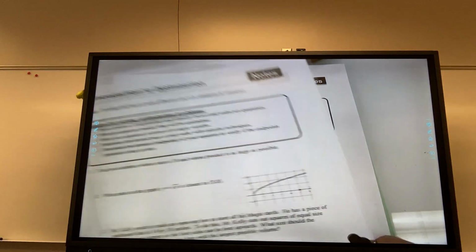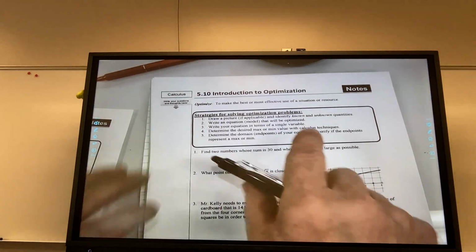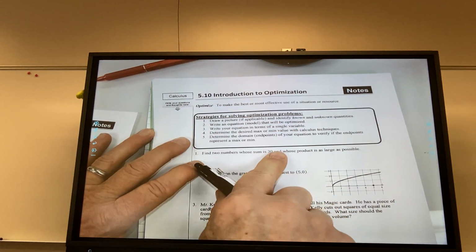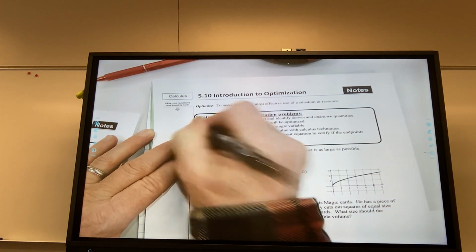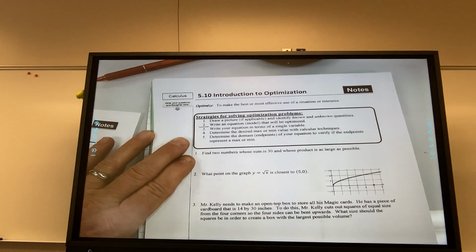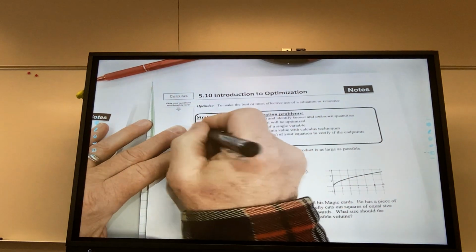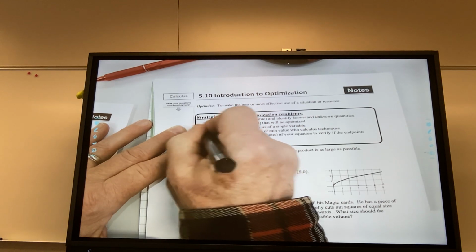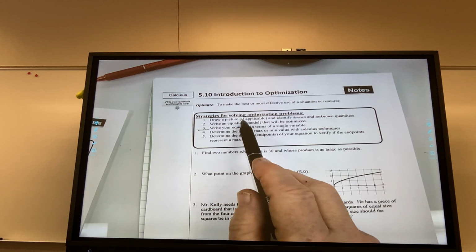Okay, so I'm flipping over here. So these are kind of the steps that I do. And we're only going to do these first two today. Nope, I'm wrong. First three. Most of the time you're going to draw a picture.